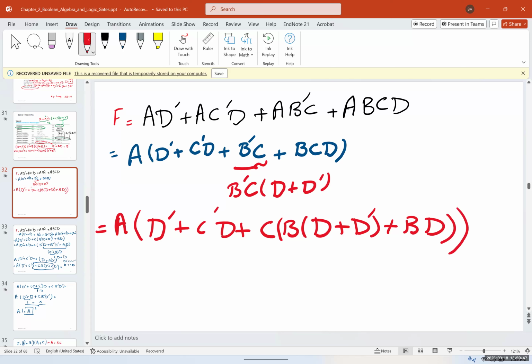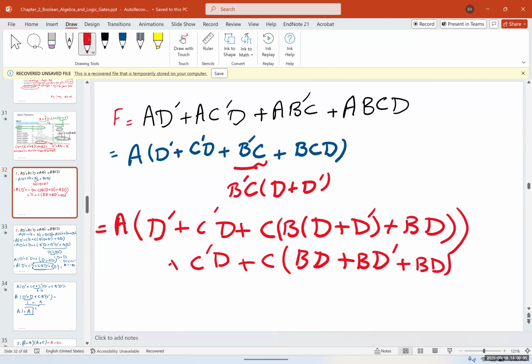We're going to have 2 parentheses. Now here I would have BD plus BD prime. I'm going to prove the one that I just solved. Plus BD, and all of these are multiplied by C. And I have C prime D here and D prime here, and A.